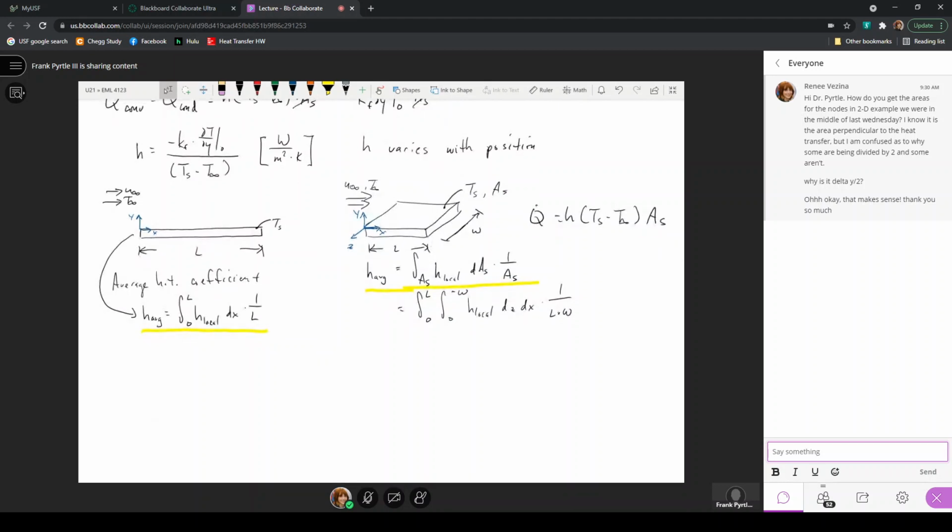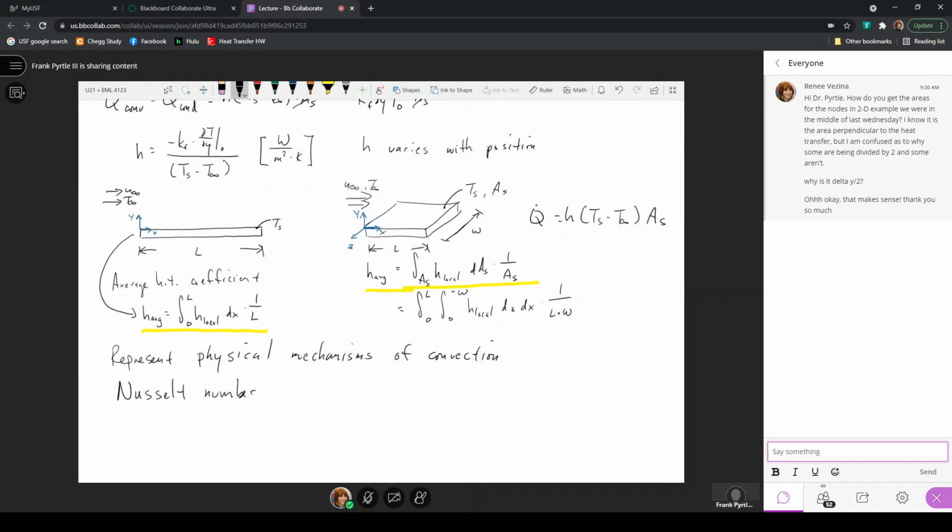One of these quantities that we use to describe convection and actually to represent the physical mechanism associated with convection is what is called the Nusselt number.